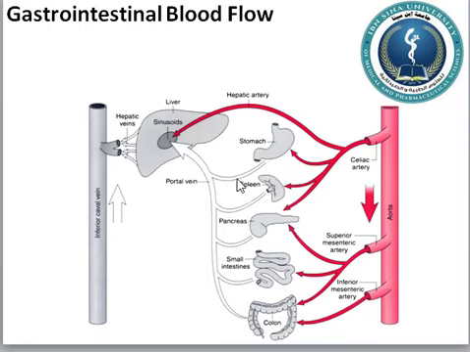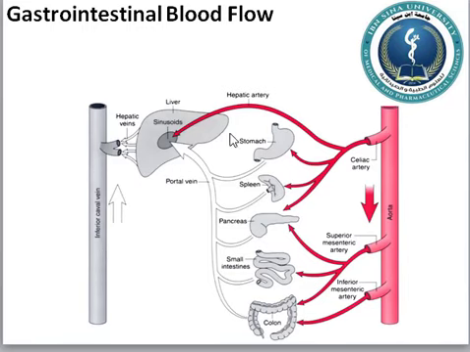The portal vein collects blood from the different parts of the GIT, starting from the stomach, pancreas, small intestine, large intestine, and other accessory organs like the spleen. This blood is filled with nutrition, filled with absorbed material from the GIT, and goes to the liver for processing, for storage, and control of passage of this material to the other blood in the body.